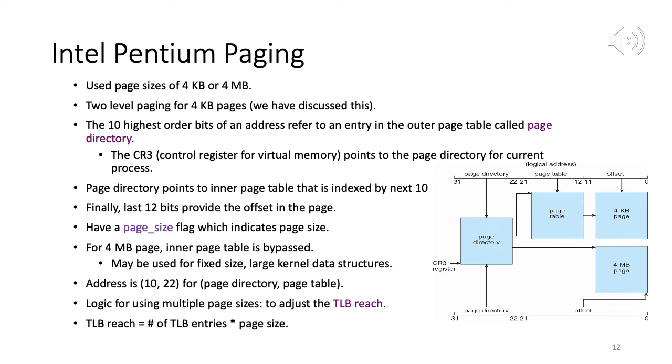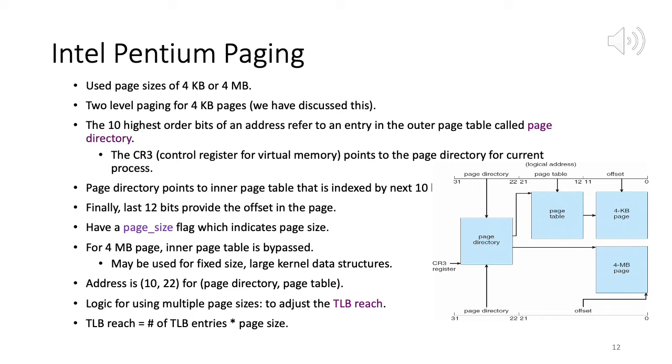These chips started being produced by Intel in 1993, and they continued all the way till 2011. So about 18 years. Of course now we have Intel i3, i5, i7, and so on. So let's look at what kind of memory management scheme this Pentium supported.